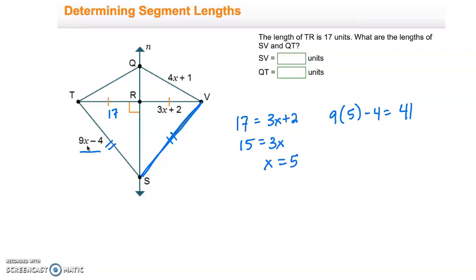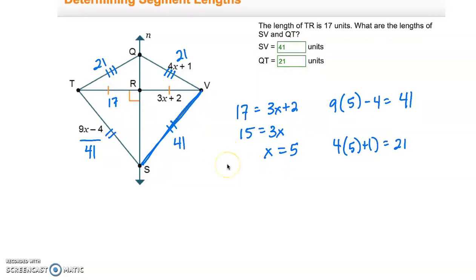So ST is 41, so that means SV is also 41. And then QT is this side over here, and it is congruent to QV. Well, QV is 4X plus 1, so 4 times 5 plus 1 is equal to 21. So if QV is 21, then QT also needs to be 21. So 41 and 21 are the answers.